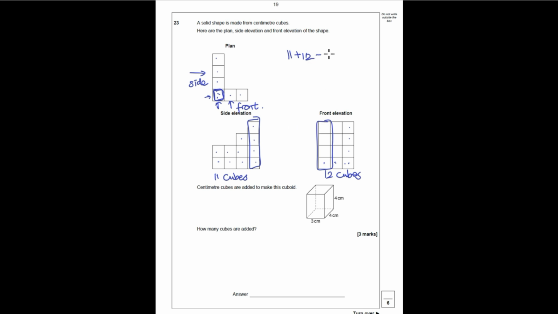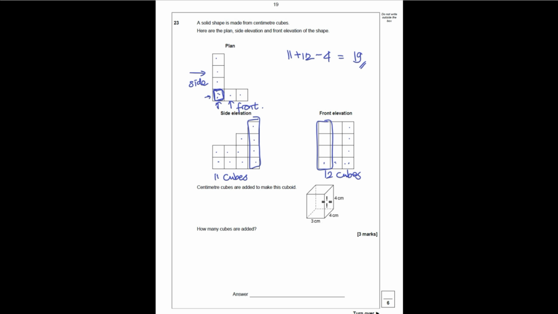So we have to take away 4. That means the original shape has 11 plus 12, it's 23, and then take away 4, so it's 19. 19 cubes in the original shape, and then you want to make it into this shape.